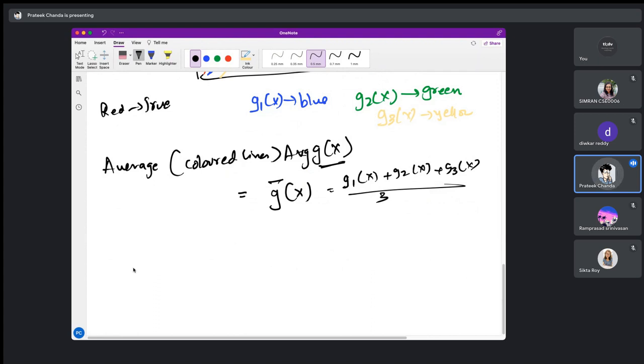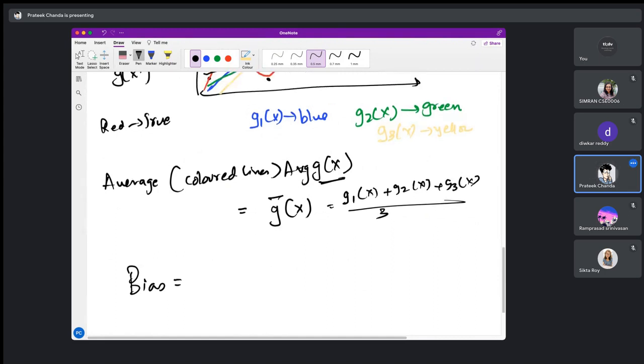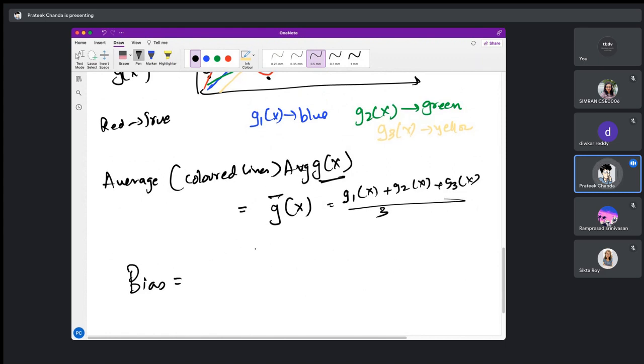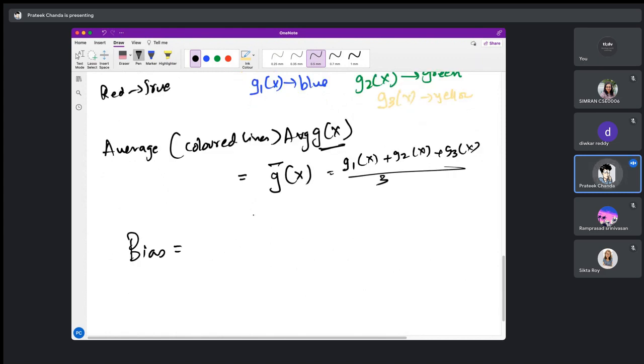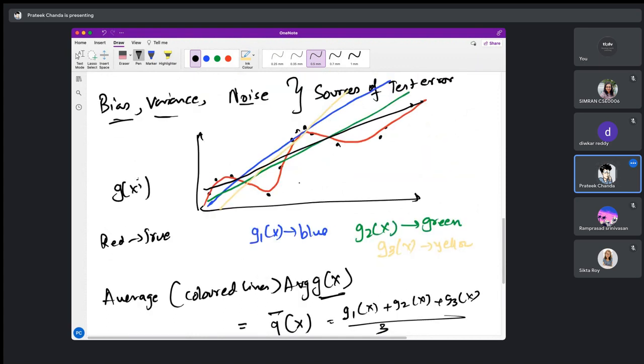In the case of bias, what I mentioned was that bias is the difference between a particular predictor and the average. I define it with f of x, which is my true function, the red one.